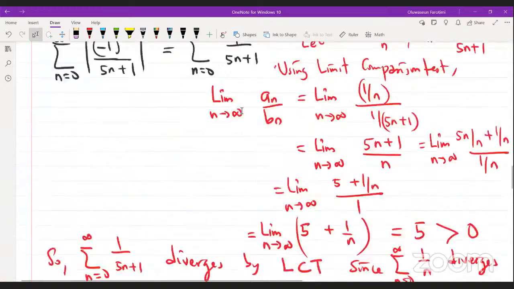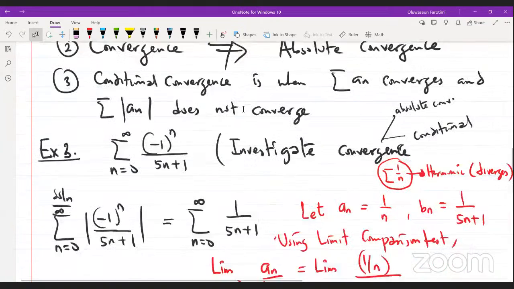Okay, so let's talk through this example again. Here we wanted to investigate the convergence of this series, whether it is conditional convergence or absolute convergence. So the easiest part to start from is the series of the absolute value.